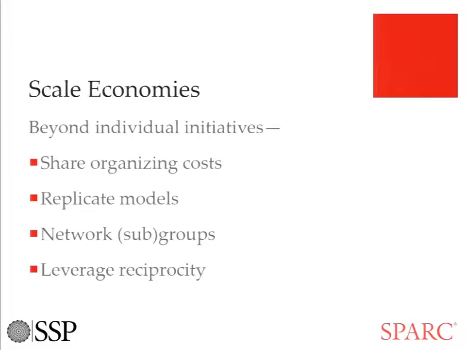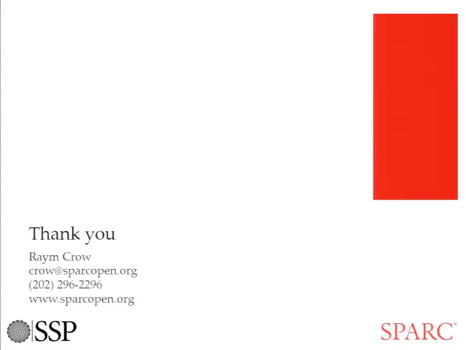You can replicate and clone models, so you have regional clusters and a network of groups and subgroups that routinely deal with each other, so you can develop reciprocity. And that reciprocity is really what will allow scale to take place. So that's it in a nutshell. I'd be glad to answer any questions at the end.